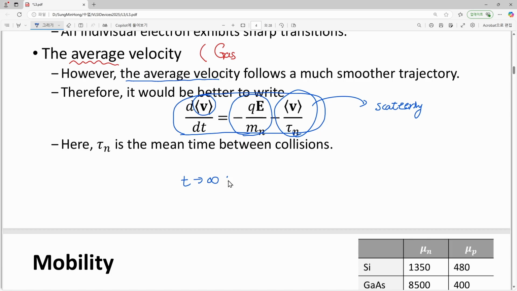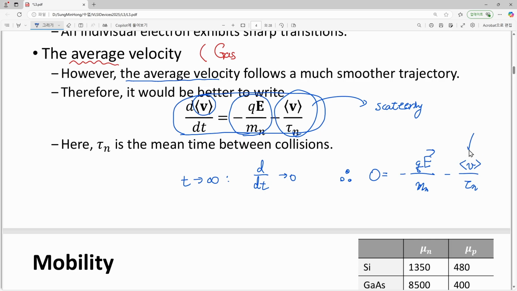So if we have a certain steady state value, by definition of that steady state, the time derivative goes to zero, then we can say that minus qE over effective mass minus average velocity over tau_n.